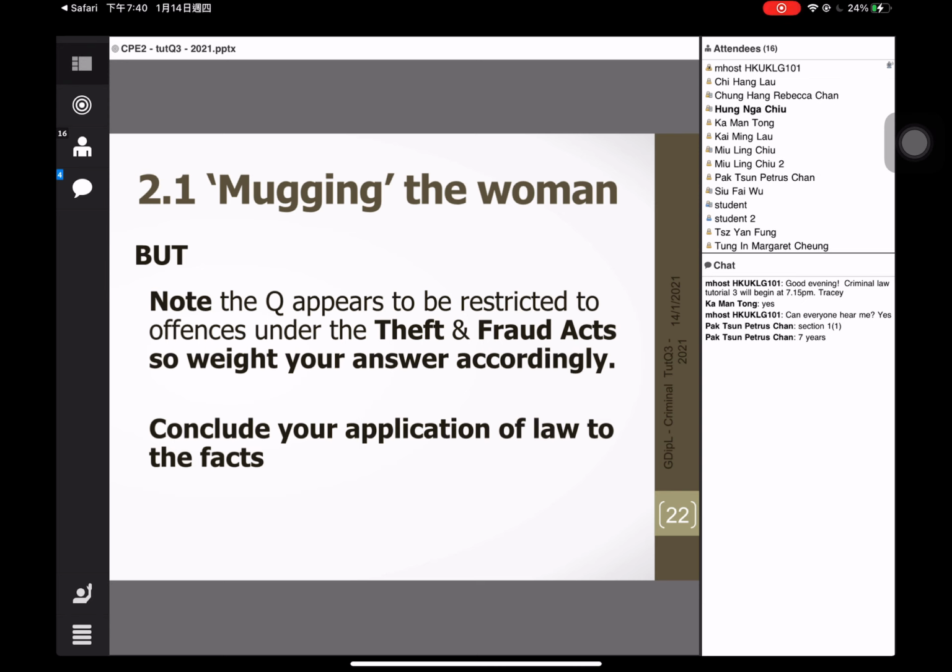And if we're looking at attempted offences, then Section 1 of the Criminal Attempts Act 1981 doesn't fall within the scope. However, I would say it's worth just very briefly mentioning in a sentence or so, the possibility of attempts.